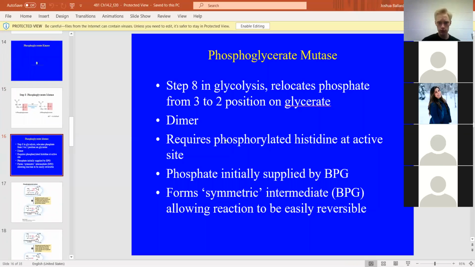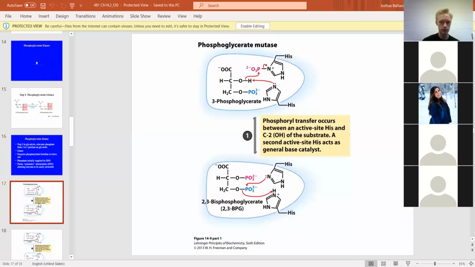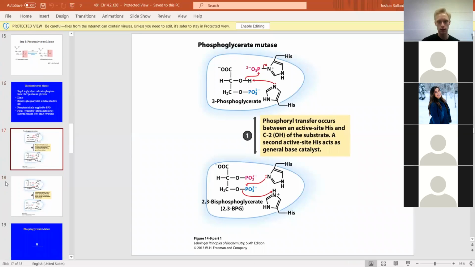Phosphoglycerate mutase is also a dimer, and the phosphate that's supplied is by BPG. The mechanism for this enzyme is a really simple move over of the phosphate group.